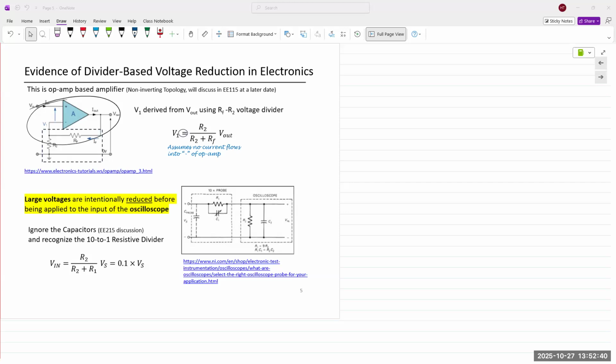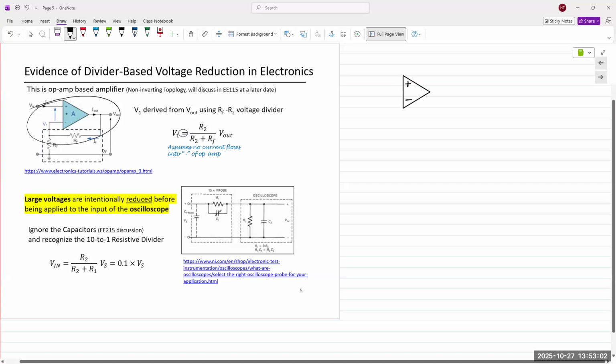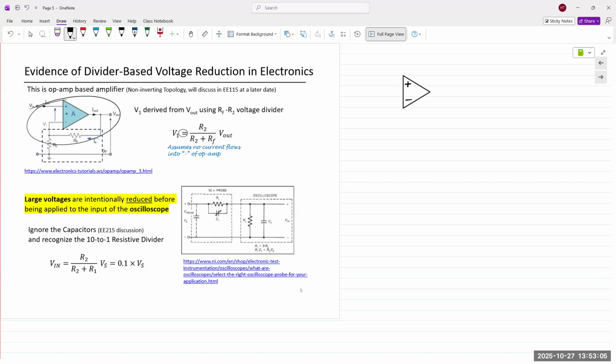We use op amps as building blocks to build larger circuits. In this case, we have an op amp. The op amp is symbolized by this triangle. It has two inputs, an inverting input and a non-inverting input. Inverting input is marked with a minus, non-inverting is marked with a plus, and it has one output.